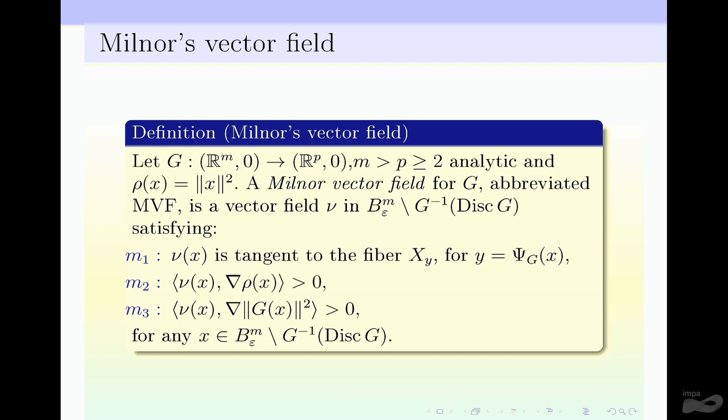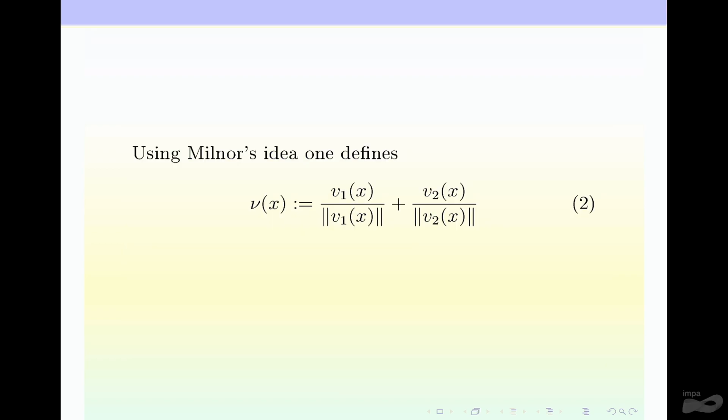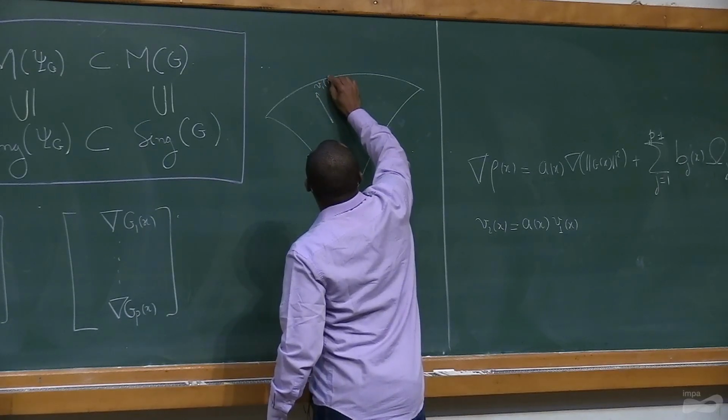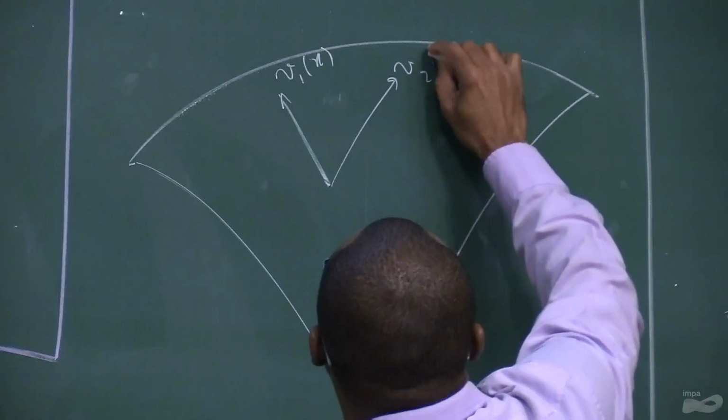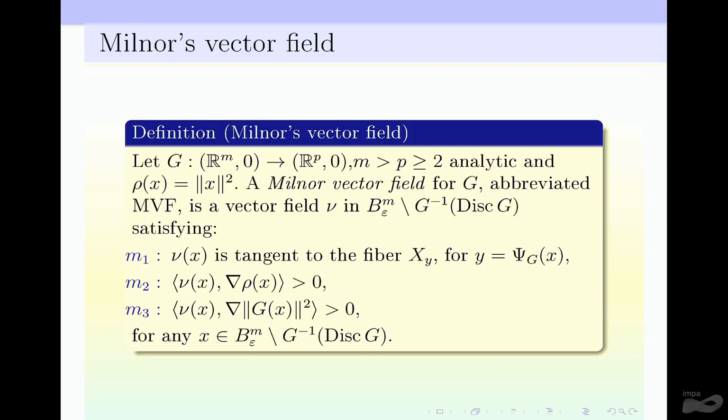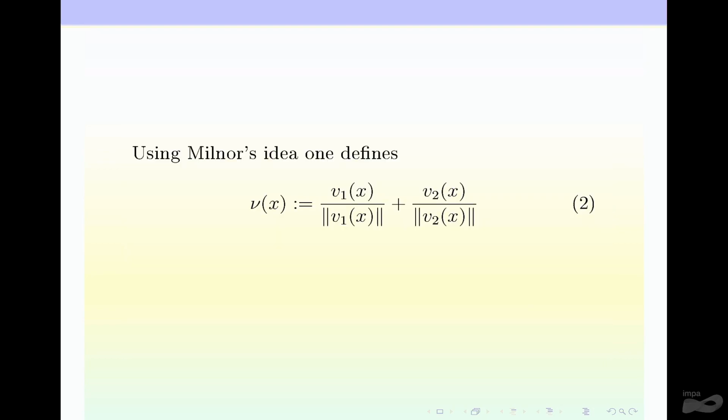And so how can we construct the Milnor vector field using the Milnor idea? Now, since we already saw how to construct the two directions on x, y, which are v1x and v2x, we just take such a combination here.